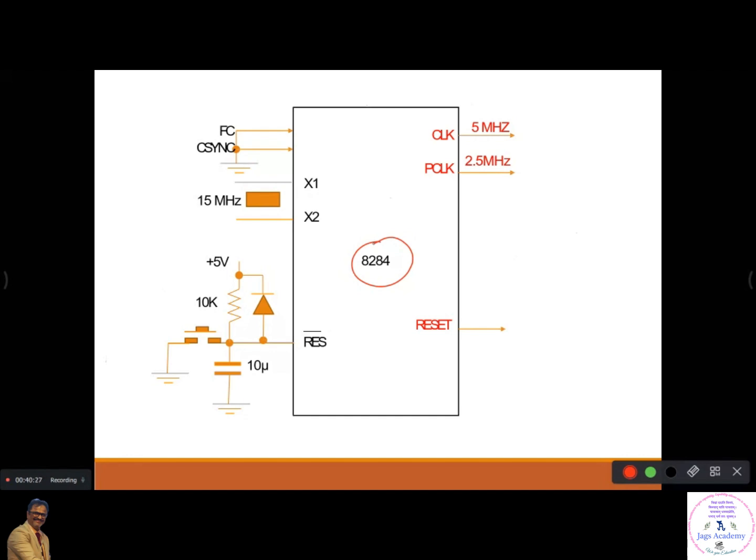It is generated inside the trainer chip. A crystal oscillator is connected. It is generating two clock signals, one is 5 megahertz and the other 2.5 megahertz. The microprocessor can use any one of these, but it has only one clock pin. This can be connected to the clock signal, and this is called the clock circuit.